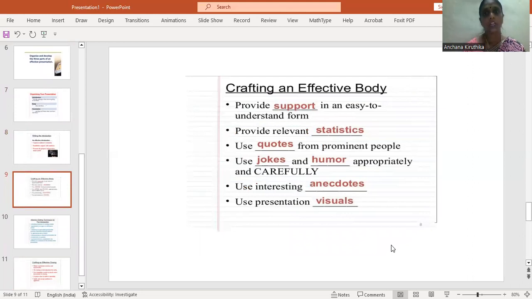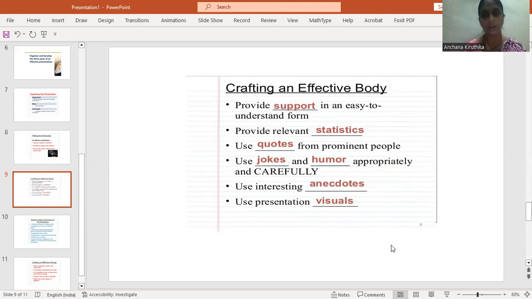Next, in the last slide we discussed the introduction part. In this slide, what are the contents to be considered to create an effective body, the main content? What are the components to be addressed here? First, it should provide support in an easy to understand form.